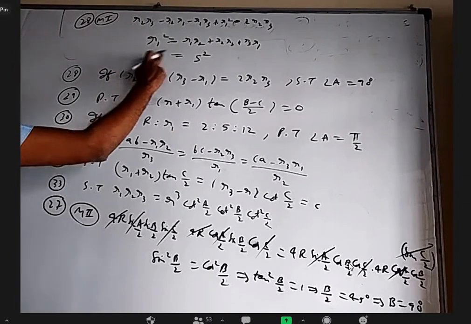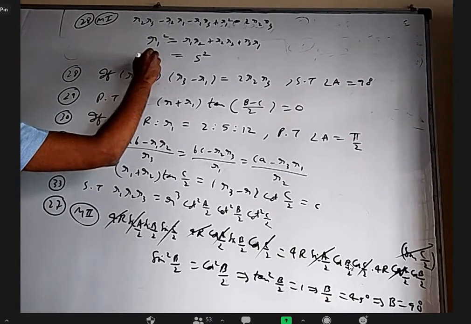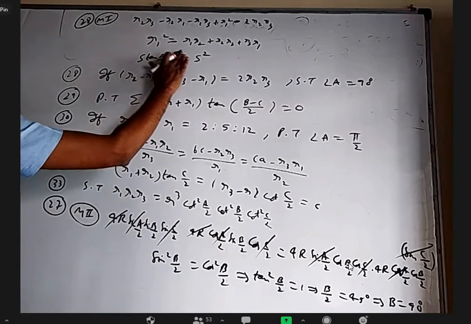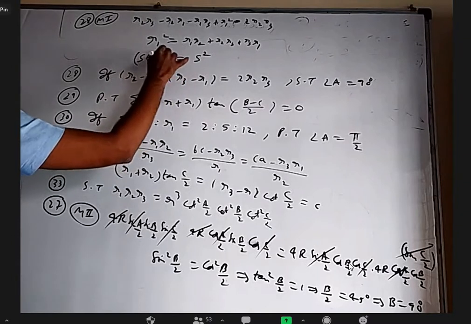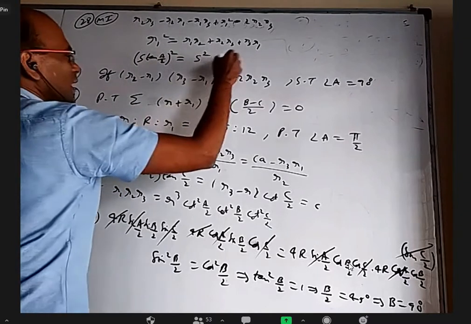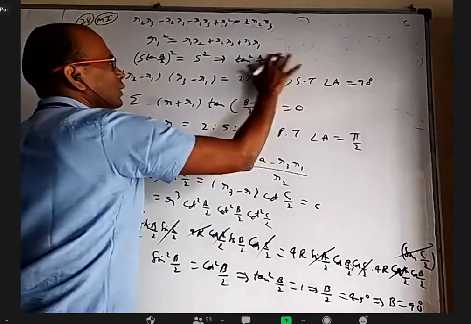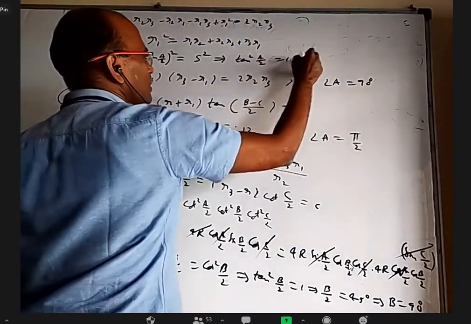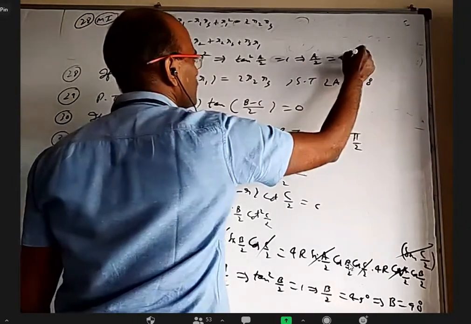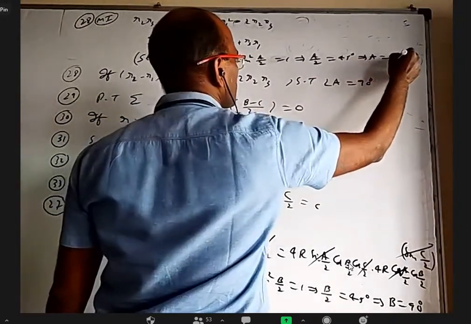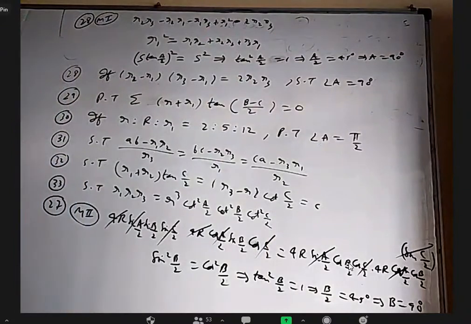One of the formulas for R1 is S tan A by 2, which we have not used so far that much. S tan A by 2 whole square. When you cancel S square, it will come tan square A by 2. Tan square A by 2 equal to 1. A by 2 is 45 degrees. So A equal to 90 degrees. Okay, that is one method.